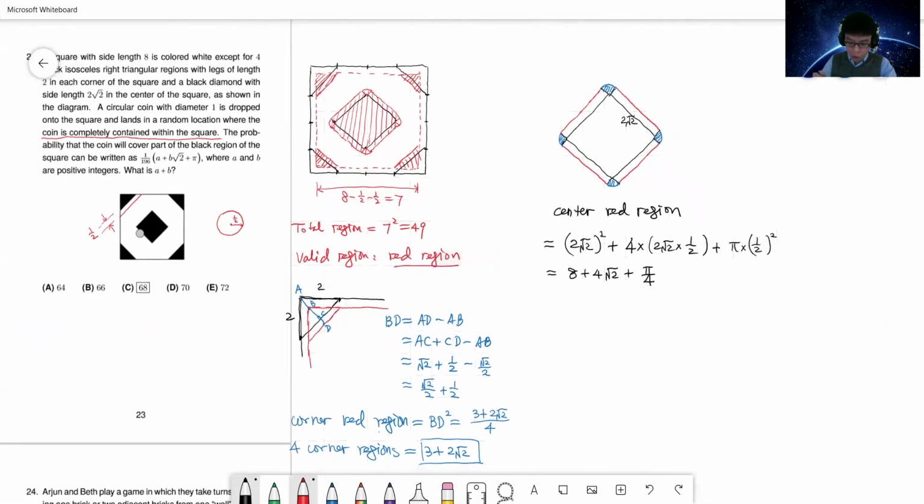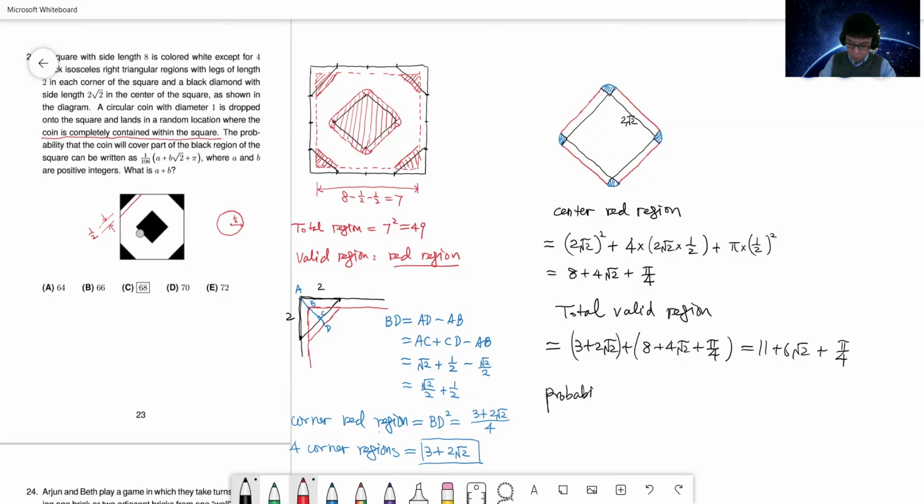Now we add up these two numbers. Total valid region equals 3 plus 2 root 2 plus 8 plus 4 root 2 plus pi over 4. This gives you 11 plus 6 root 2 plus pi over 4. And now the probability is (11 plus 6 root 2 plus pi over 4) divided by 49.